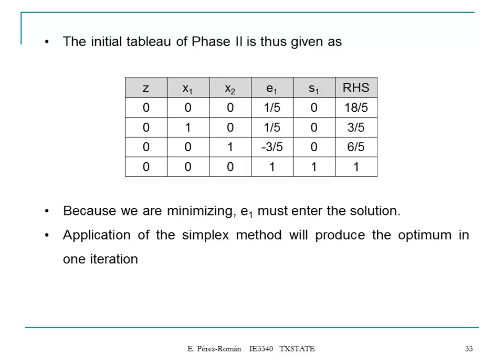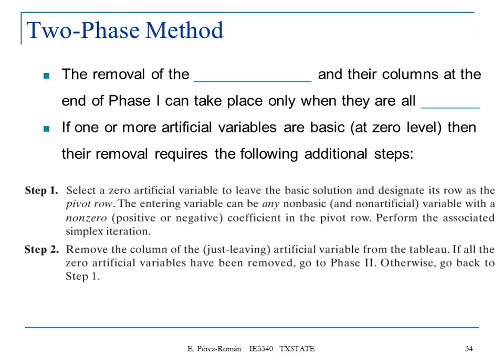So the application of the simplex method will produce the optimal in one iteration. And I'm not showing that, but basically what you do is just follow the steps of the simplex algorithm to obtain your optimal solution. Okay, so this is what we covered or discussed by the end of the last lecture.